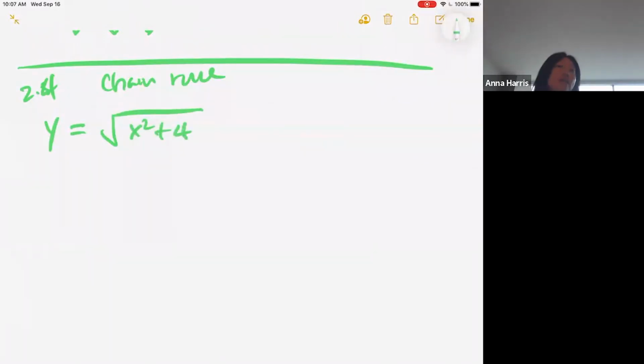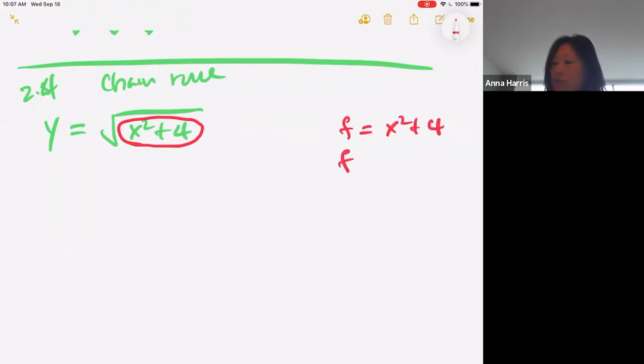If they give me this problem, I know how to take the derivative of this, right? If I call that my f, x squared plus 4, what is the derivative of that? 2x, am I right? Okay, so we know that. So I need to take the derivative of the other one.